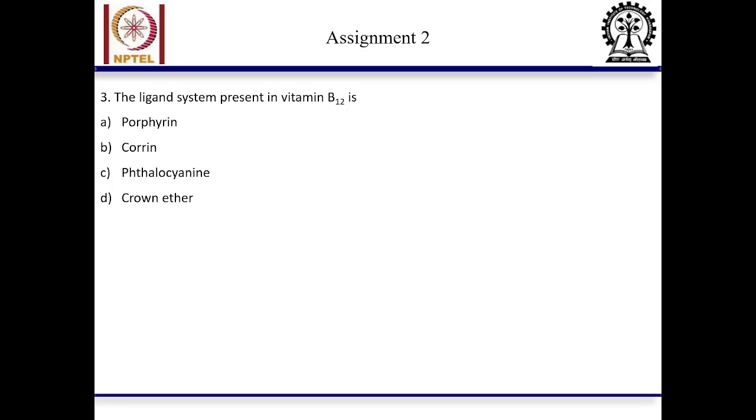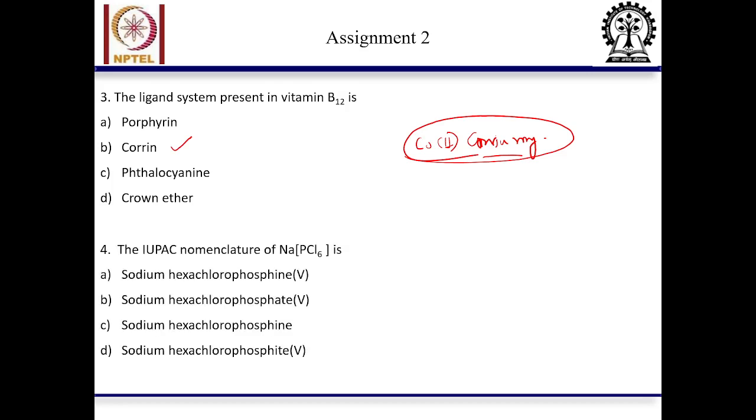Okay, so in vitamin B12, basically we have cobalt(II) with a corrin ring. So that I will show you at the end. Because again I have to go to the end and then show you. At the end I will show you, and I will tell you people also what is the difference between the corrin ring and porphyrin, how these two heterocyclic ligands are different. So this is again very simple.